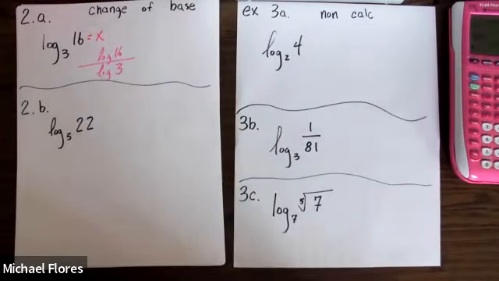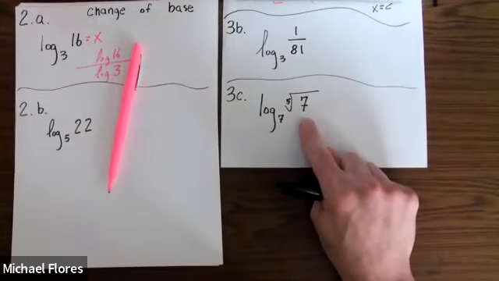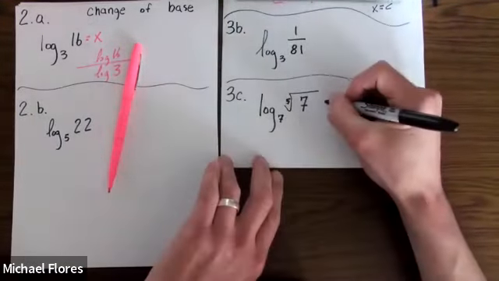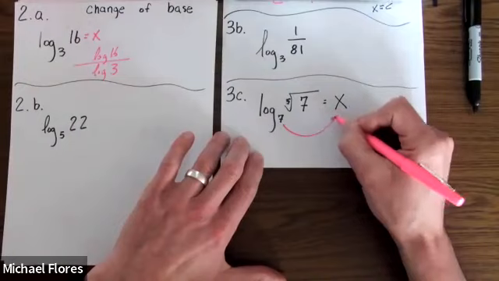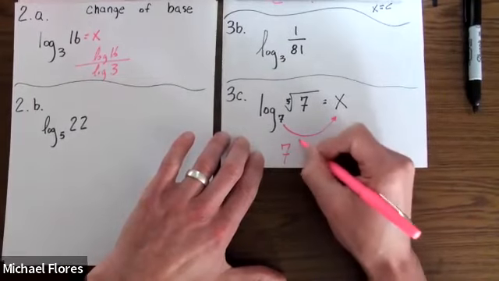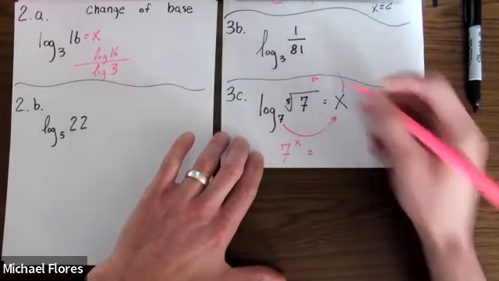Okay, looking at this one, this is where it's going to be helpful to remind yourself that there's another way of writing the 5th root of 7 here. I'm going to go ahead and set this function equal to x, and I'm going to convert to exponential. This raised to that power is equal to that.